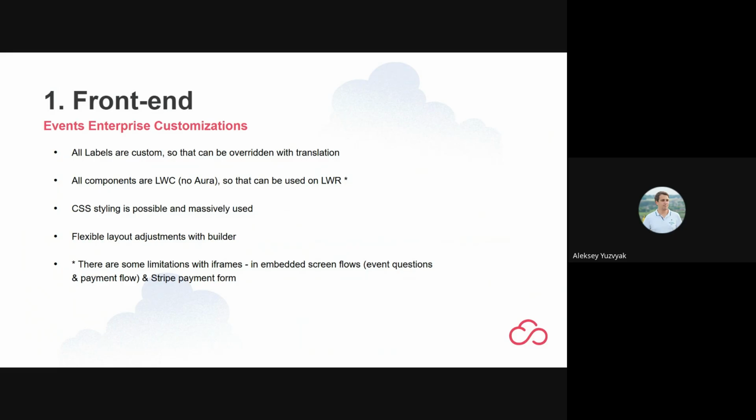CSS styling is possible, and our front-end team definitely knows it. We have very beautiful and unique templates and designs for all the customers that we have, so it is quite easy to adjust. Also, we have over 20 custom components, and layout adjustments are also possible with the builder.